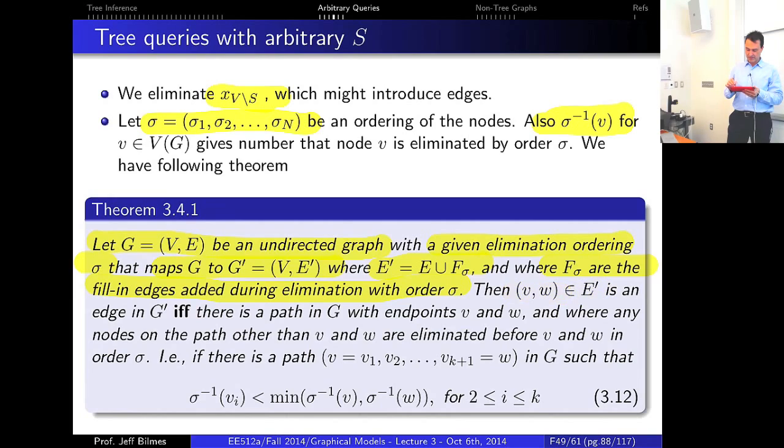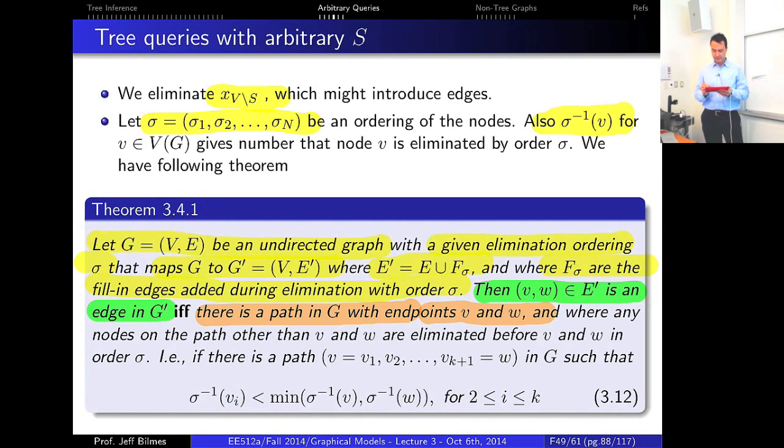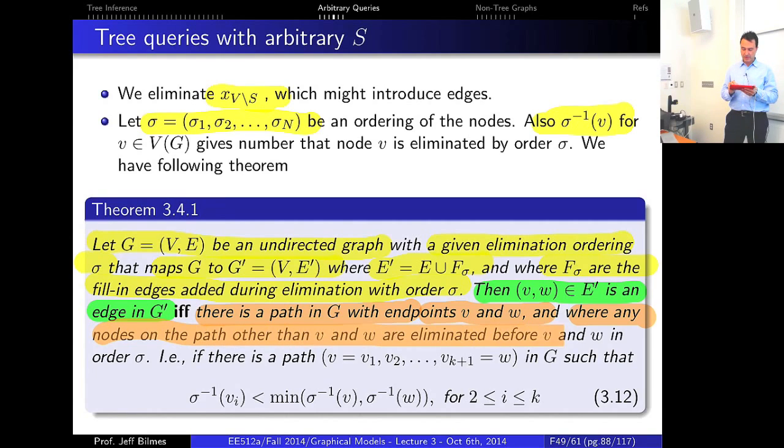Actually, let me use a different color for this so that I can designate the setup versus the statement of the theorem. So this is an edge in G prime if and only if there is a path in the original graph G with endpoints V and W, where the nodes on that path are eliminated before V and W in the order sigma.